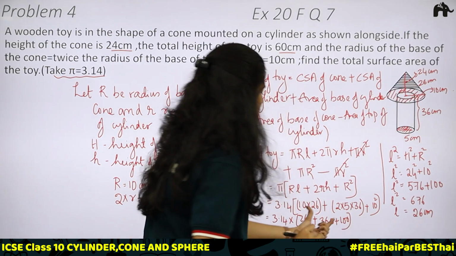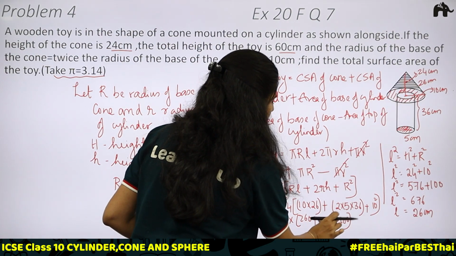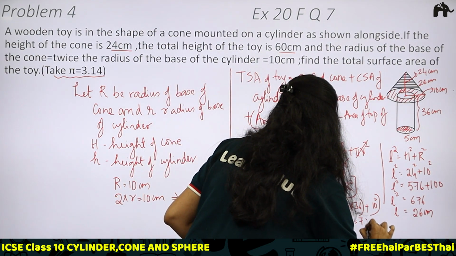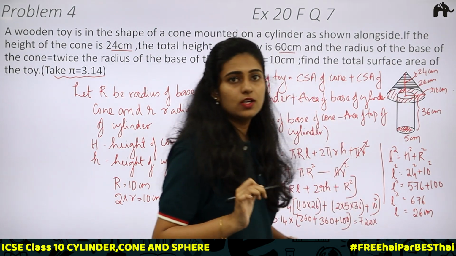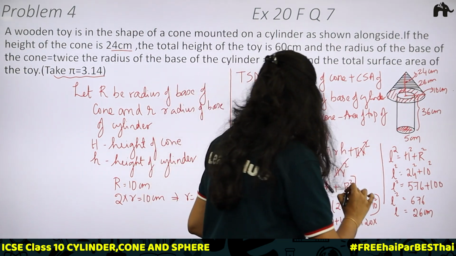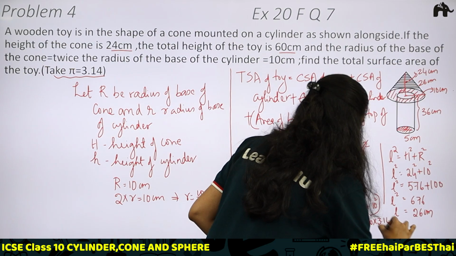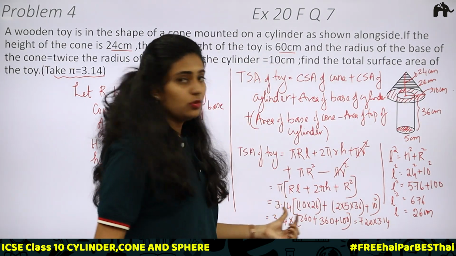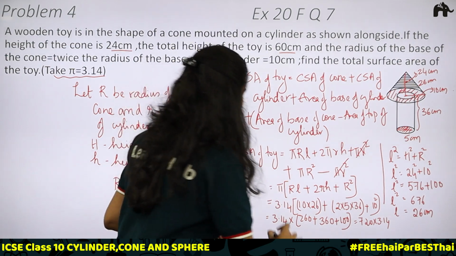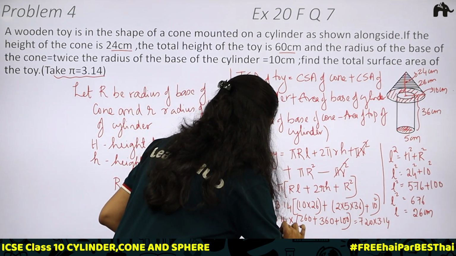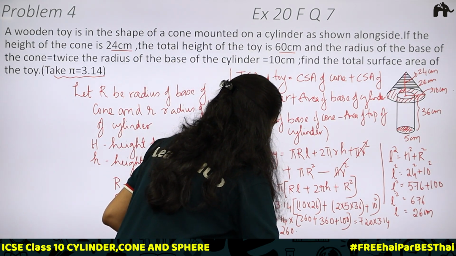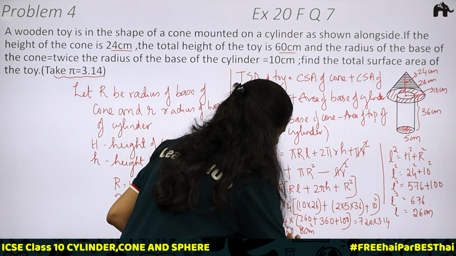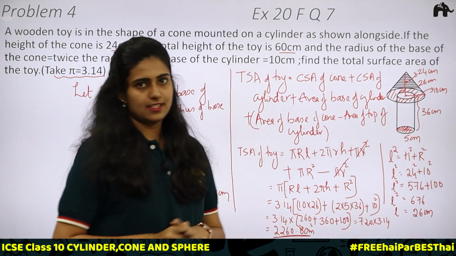So on adding this, we will be getting 260 plus 360 plus 100, which is 720. 720 into 3.14. When you do the calculation, you will be getting the final answer 2260.8 centimeter square. Okay, so this is the final answer.